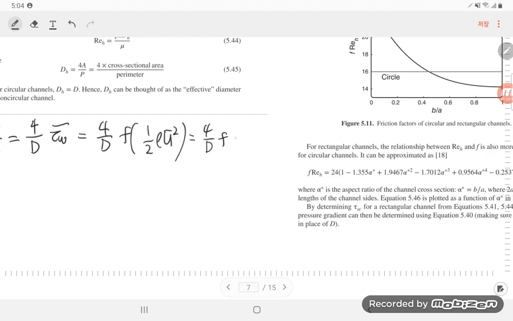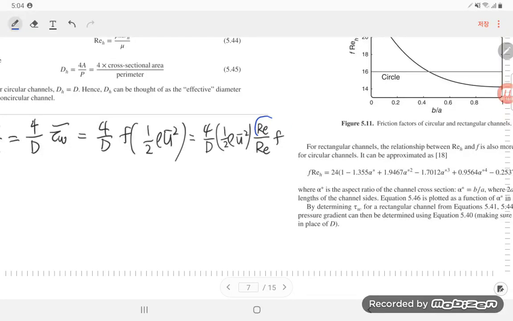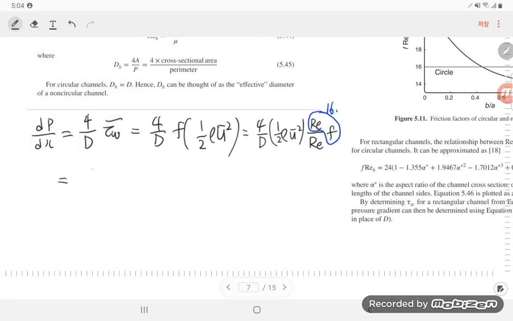Okay, let's move this one here, and the Reynolds number, and in here F. And we already know that in the circular channel, this has the constant value of 16. So the value of this one is 64 over d.